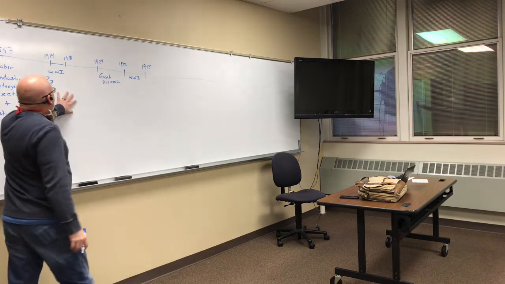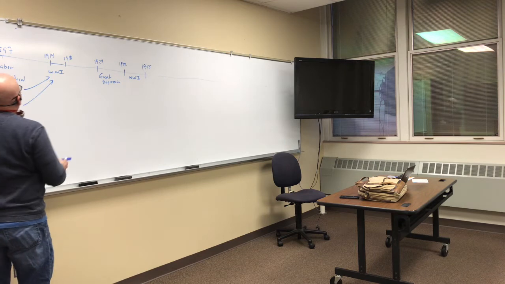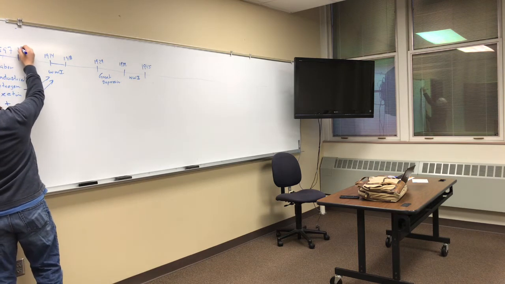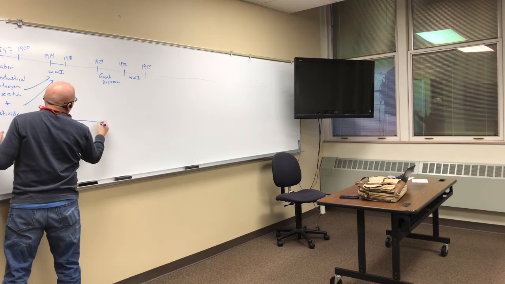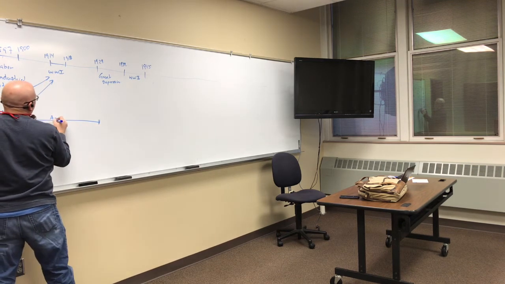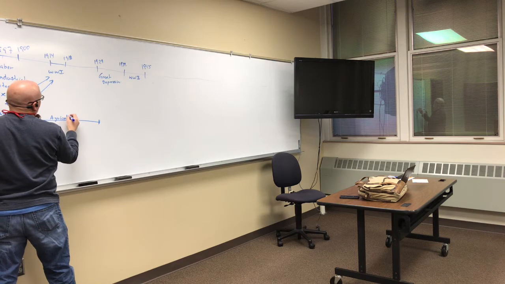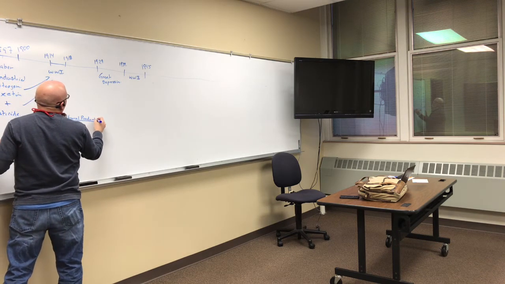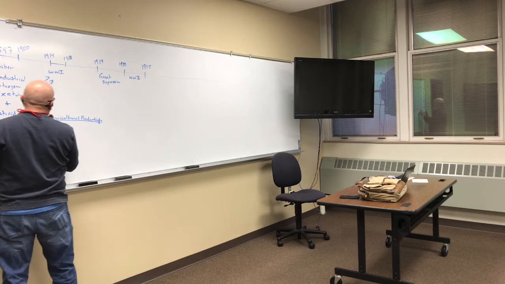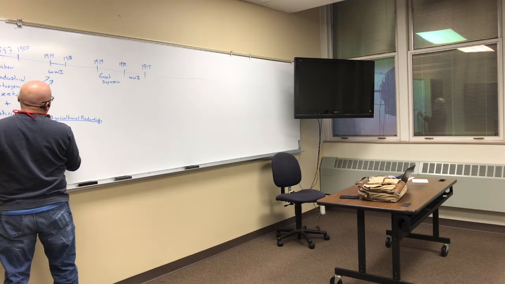Let's fill in some of the details during all this. Between 1900 and 1929, what was happening with agricultural productivity? Okay, so it's increasing. Why is it increasing?